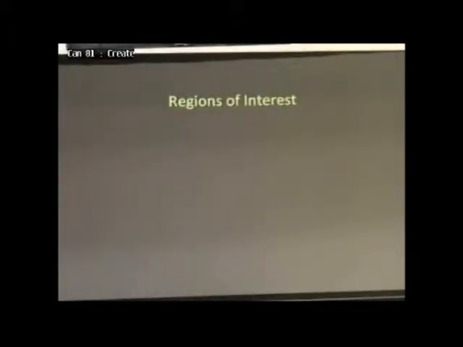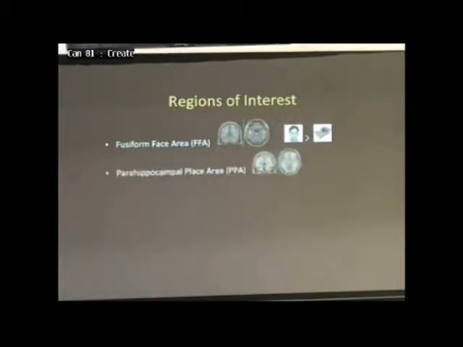We have 3 regions of interest because we want to minimize our search in the brain. The first one is the fusiform face area, called FFA. This is a region that preferentially responds to faces. So whenever you see a face, it will respond more than when you see a non-face. And there's another region called parahippocampal place area.